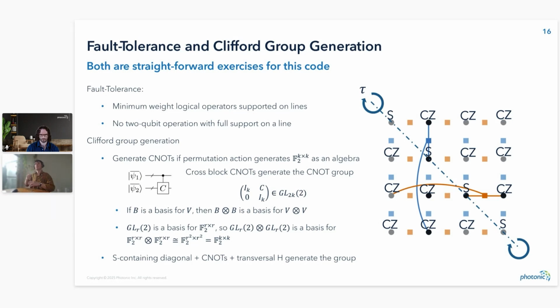That they generate the Clifford group is a little bit more complex, but really it boils down to, can you generate C0 circuits? We saw this picture earlier of the circuit diagram of the cross-block logical C0 operator and how it corresponds to this matrix description of an upper triangular block matrix with a C in the top right block. What we find from what we just outlined is that we can choose C to be any tensor product of invertible matrices.